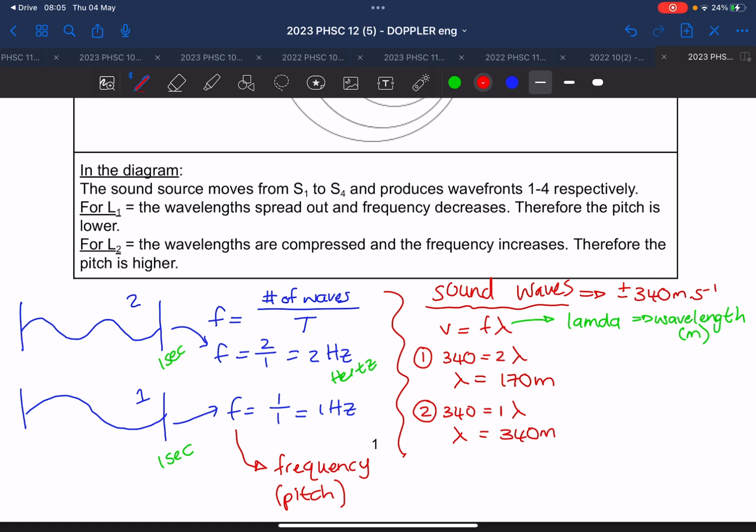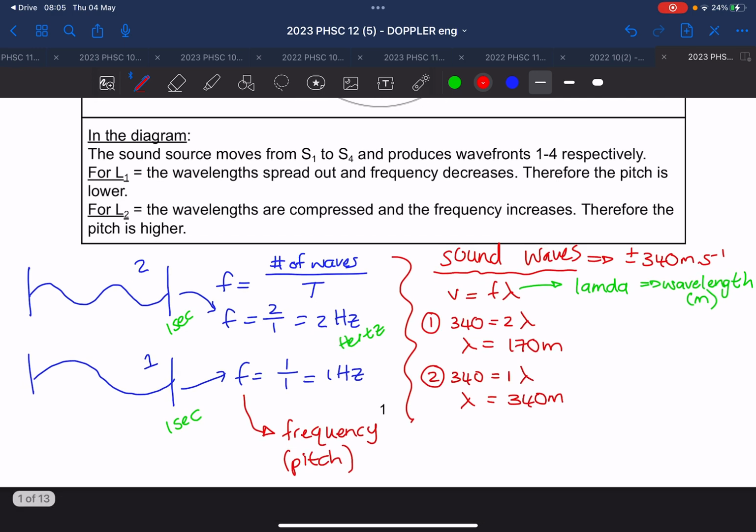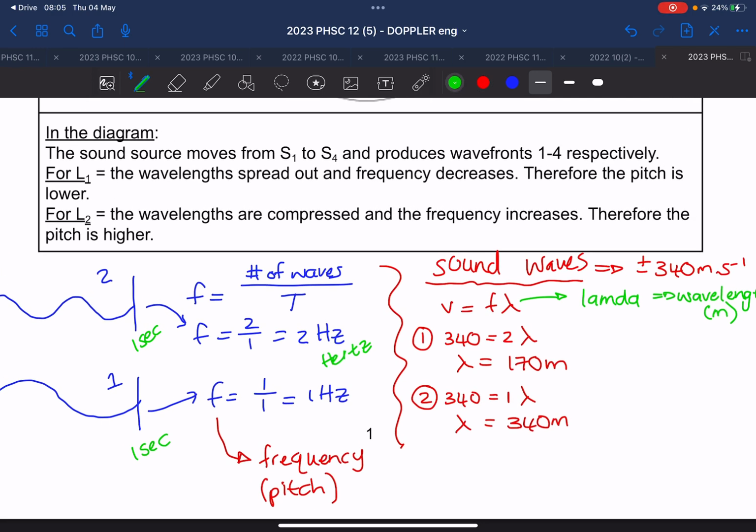Okay, can you see the first one that has 2 hertz frequency, the high frequency, had a smaller wavelength, yes? And the one that has a lower frequency had a bigger wavelength. So what mathematical relationship is there between frequency and wavelength?